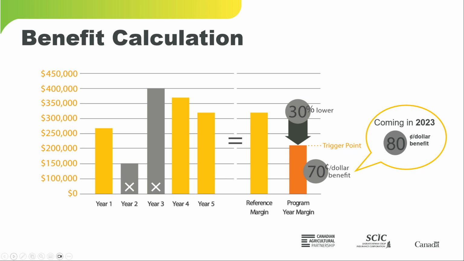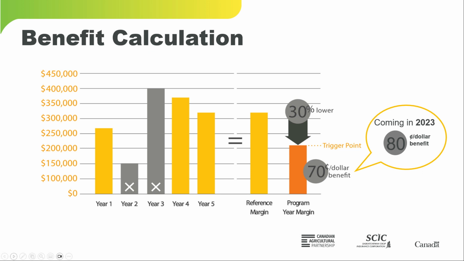We do the Olympic average. So year 2 and year 3 are dropped because those are the low year and the high year margins, and the remaining 3 years are averaged. The average reference margin, for example, is about $300,000. 70% of that is a trigger point of $210,000.